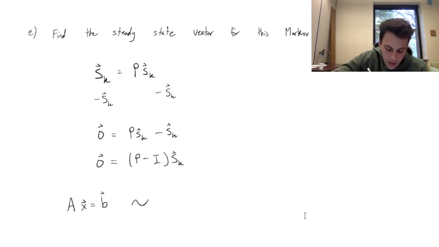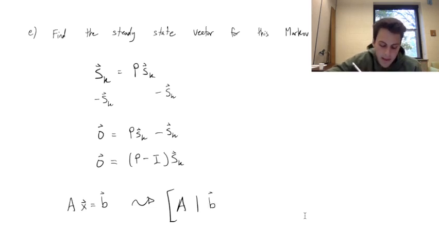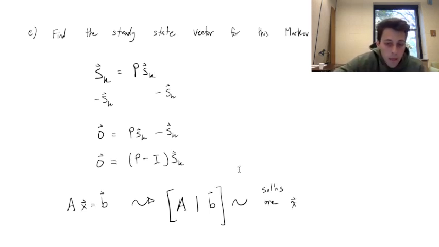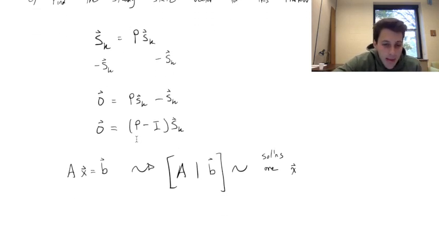You know here that if you were to solve the matrix AB, simplify this, you know that the solutions to this matrix will give you the vector X. So comparing this to the equation that we have, that means that if you solve the matrix P minus I is the left-hand side, and then the right-hand side is just the 0 vector.